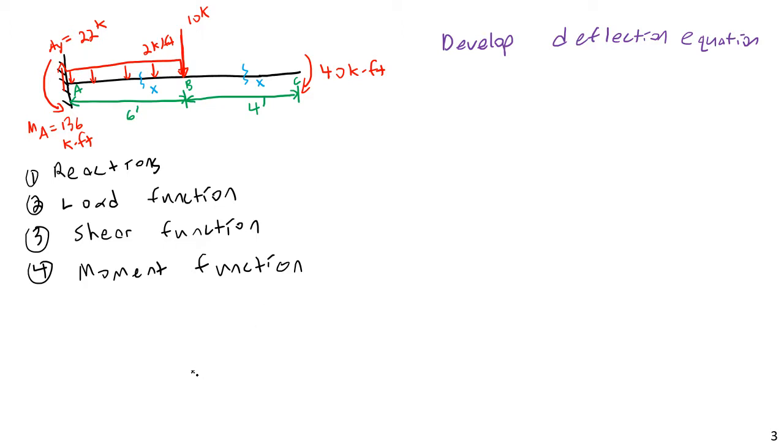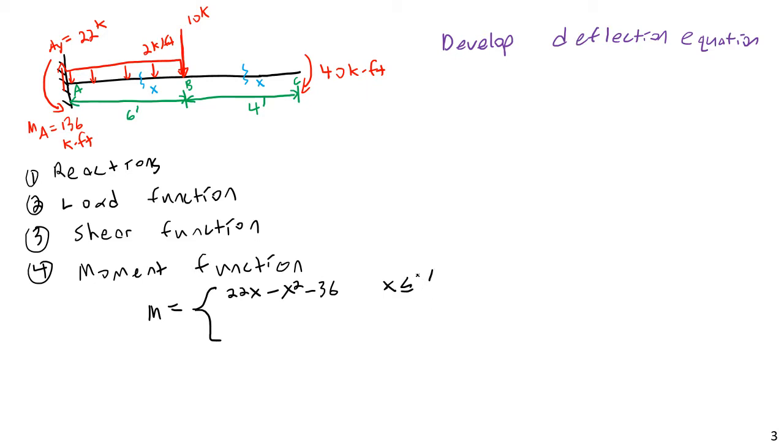I'm just going to tell us the moment function that we get, and I believe I may have worked through this one in a previous video as well. So the moment function here is going to be 22x minus x squared minus 136 when x is less than or equal to 6 feet.